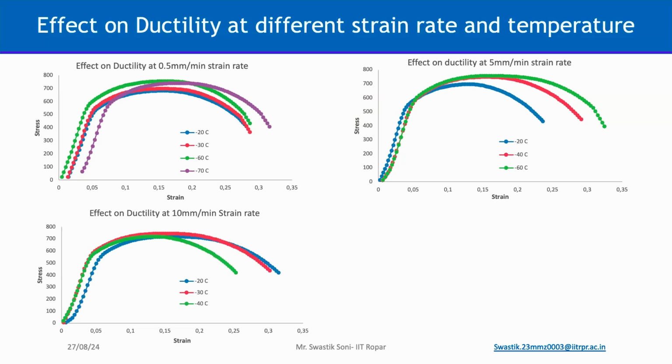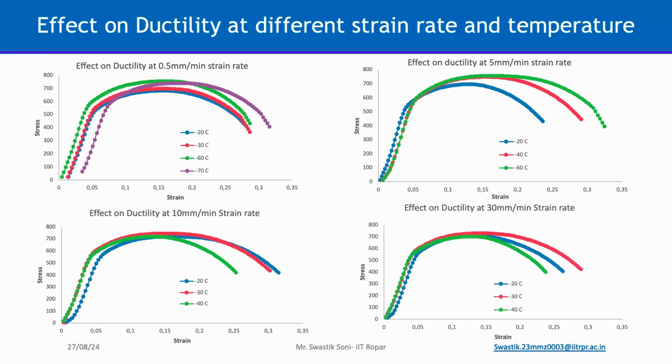By increasing the strain rate to 10 mm per minute, we find a transition, where the brittleness at -20 degrees is higher with respect to -40 degrees. And while increasing the strain rate more, we find the same results, where the brittleness at -20 degrees is more than at -30 degrees.